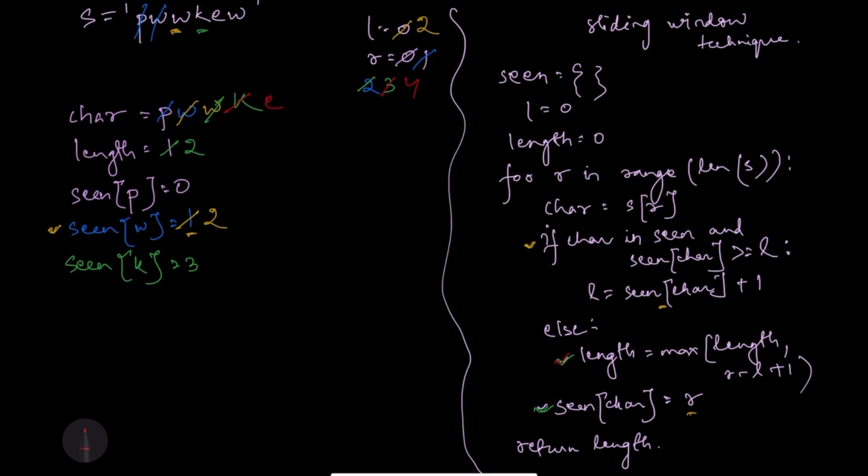So 2 plus 1 is 3. Now our length would be 3. And in here we will be inserting our e with the index of 4. So we have traversed this one. Now this is done, this is done, this is done.